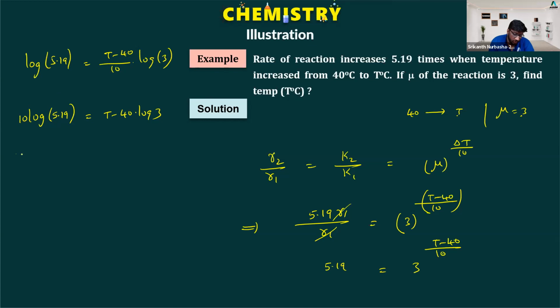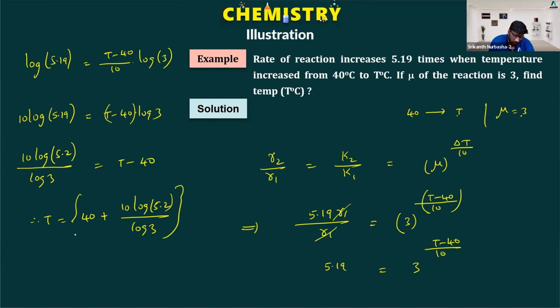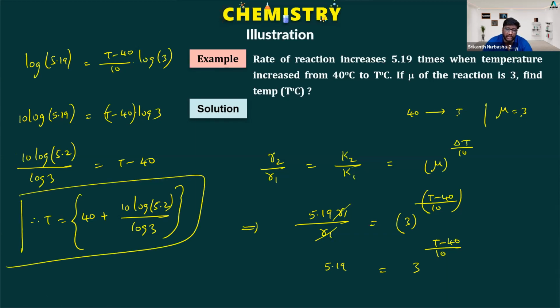Yes or no? 10 times logarithm of 5.2 divided by log 3 is equal to T minus 40. Therefore, T is equal to 40 plus 10 times logarithm of 5.2 divided by log 3. Substitute it. You can calculate the approximate value of log 5.2. Then you will be getting the right answer.